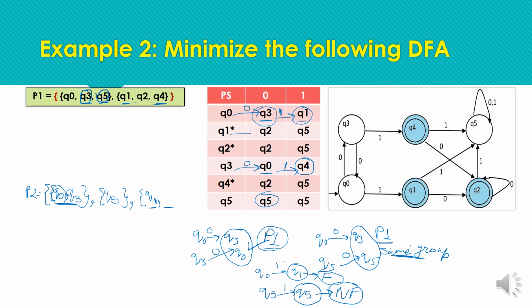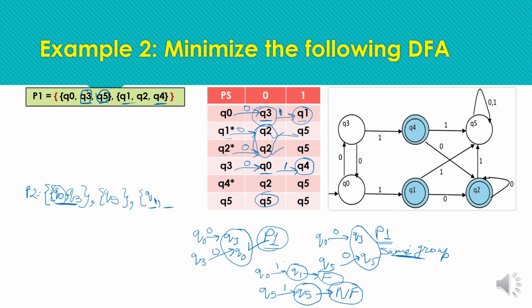For input symbol 0 we move to state Q2 from Q1, and from Q2 the resulting state is also Q2. As we are getting the same state Q2 for input symbol 0, these two states are compatible for input symbol 0. Now let's check input symbol 1.